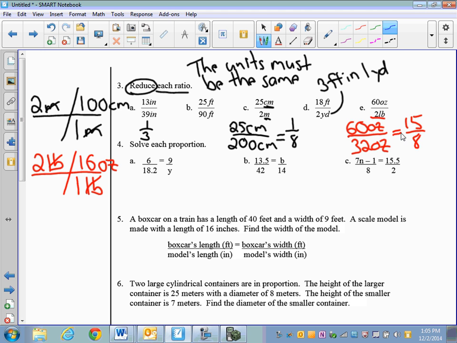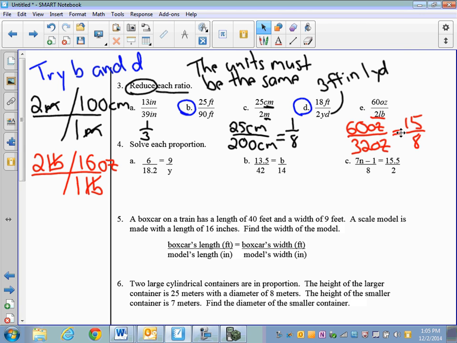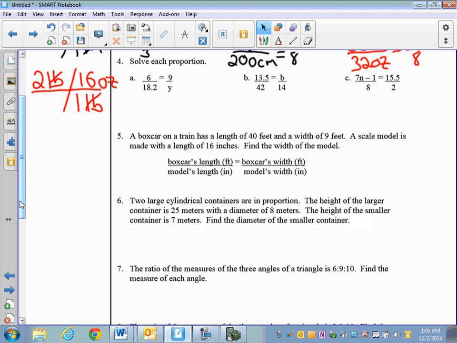What I want you to do is try B and D. For number 4, I'm going to erase this in red to give me some more room.